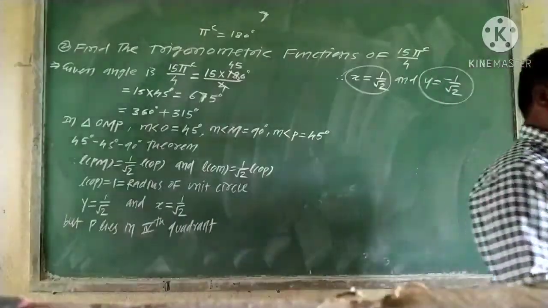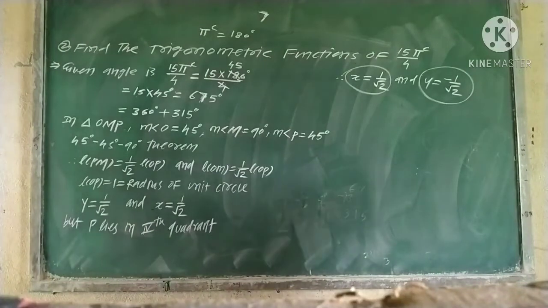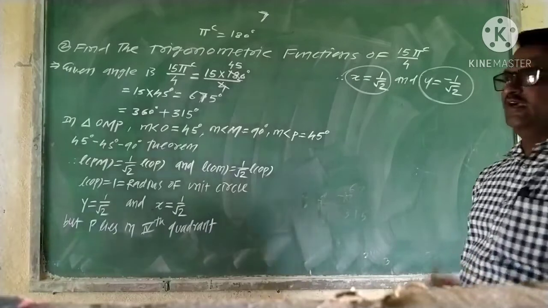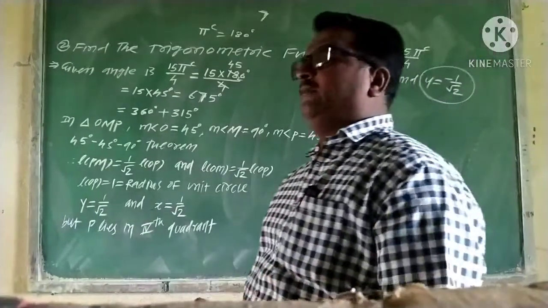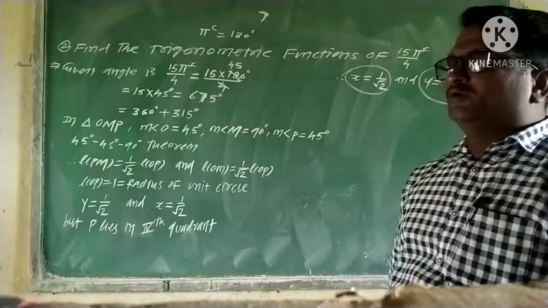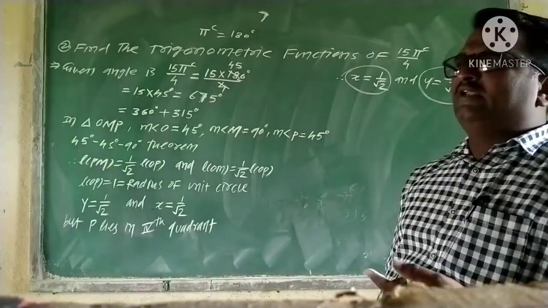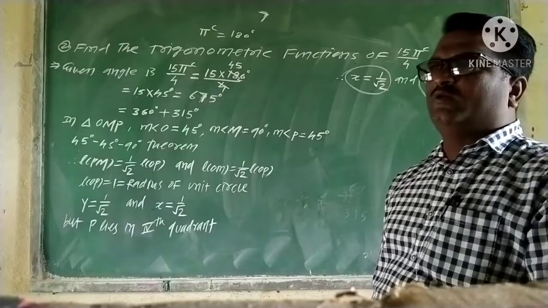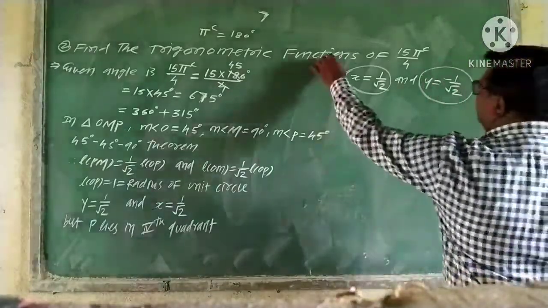Now the basic idea is that we study the trigonometric functions on the basis of the standard unit circle. Then we get cos theta equal to x and sin theta equal to y.